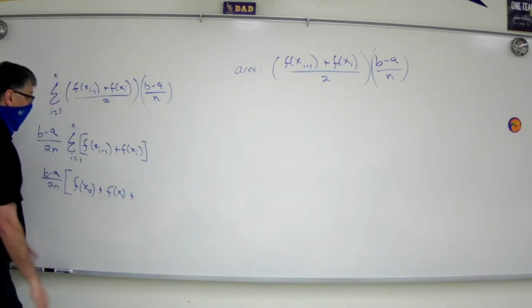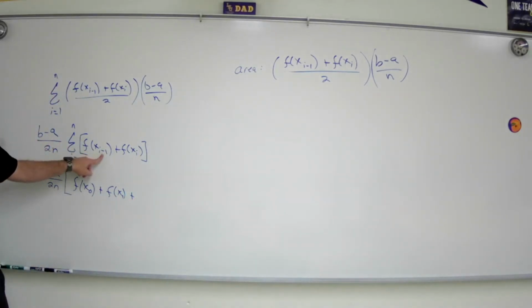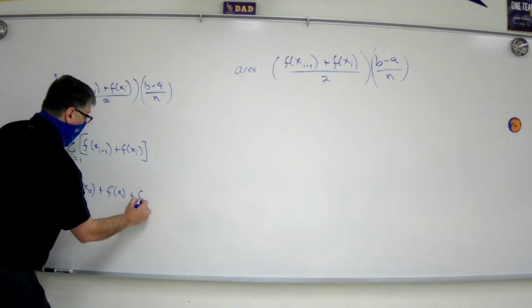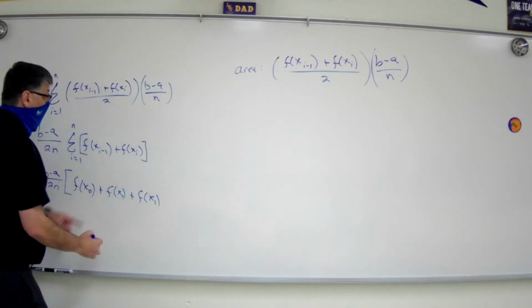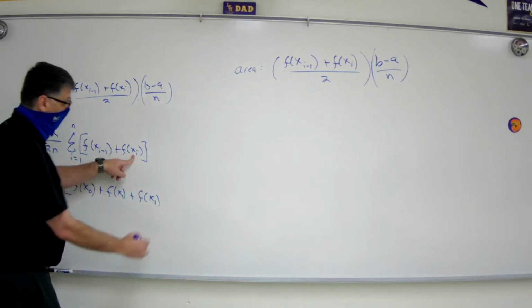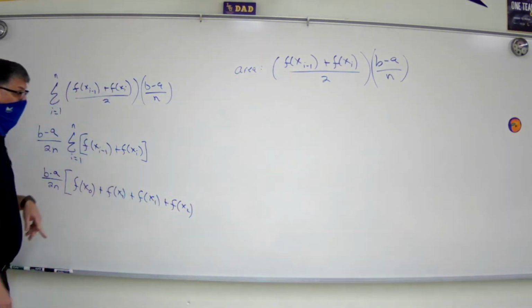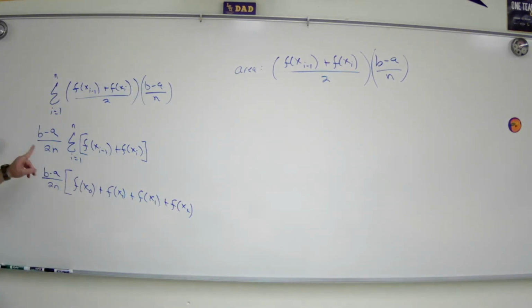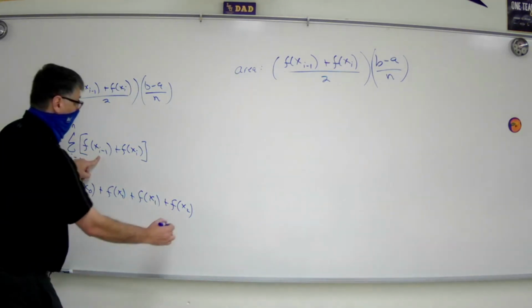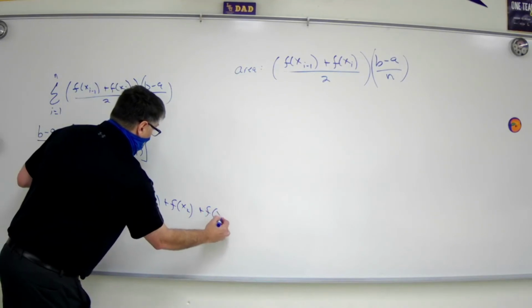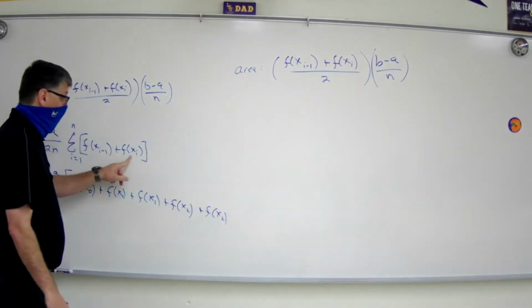Now we're going to go to the next term. We're going to go to 2. What does this become? So f of x sub 1. If I put 2 here, this becomes? Now let's do 3, just because. If I put 3 here, what do I get? And if I put 3 here, I get?